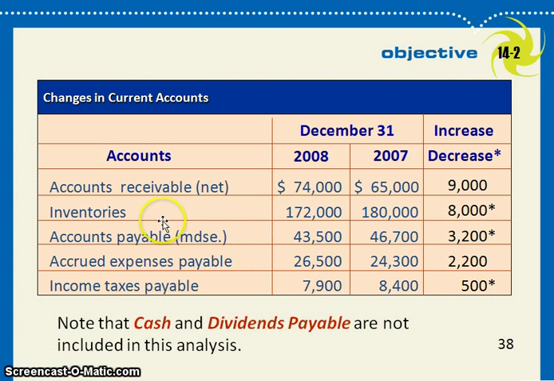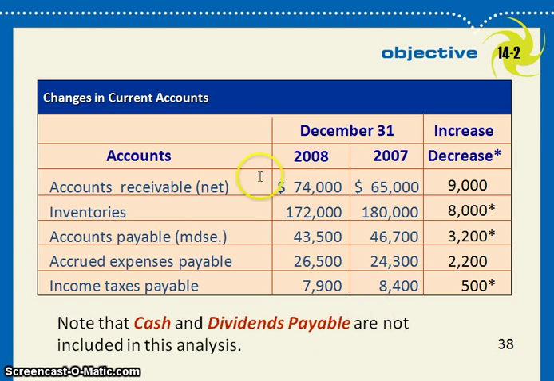All right, so let's look at the next one. The next one says inventories. Well, last year I had $180,000 worth of inventory, and this year I've got $172,000. So that means I've bought less inventory, right? Because I had $180,000 last year, and I've got $172,000 this year. I have less inventory, which means I'm buying less inventory, which means from a cash perspective, I must have more cash in my pocket.